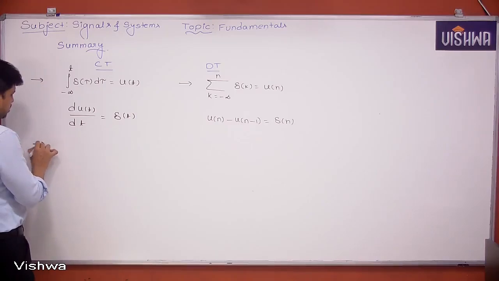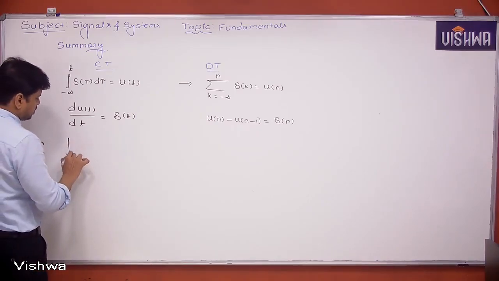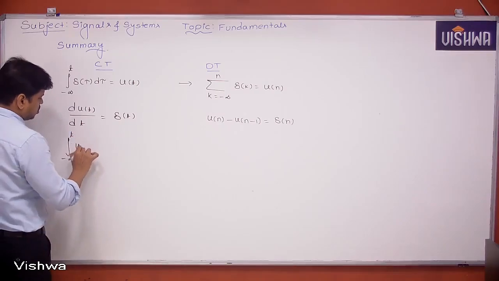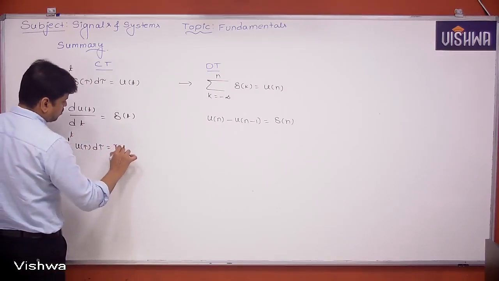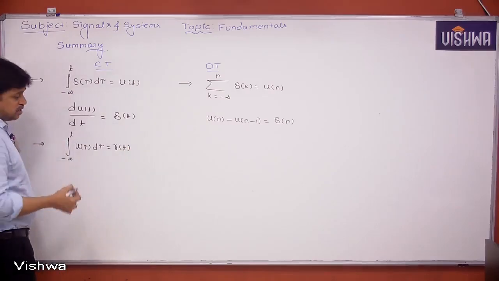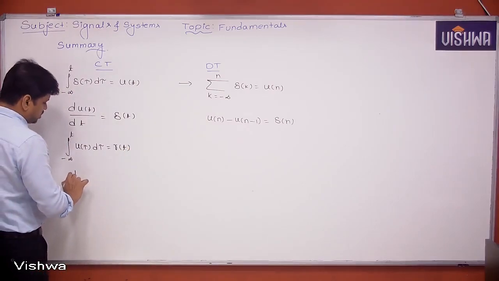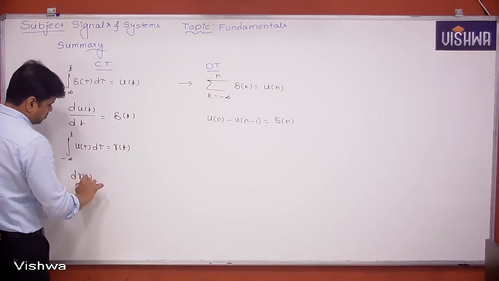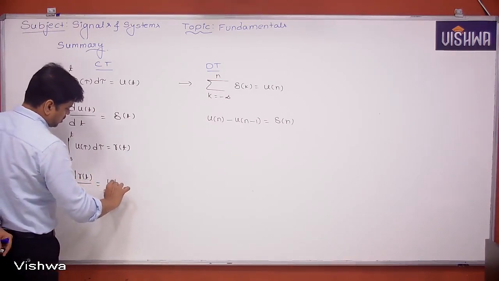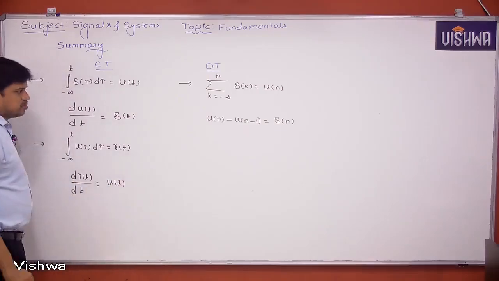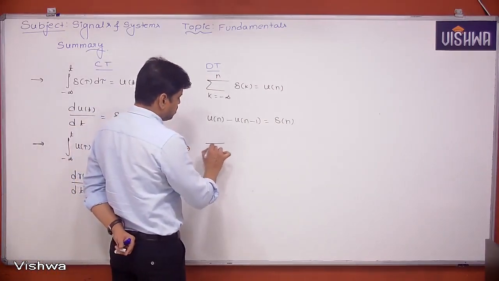Whereas for the step and ramp functions, the integral from minus infinity to t of u of tau d tau is r of t, and differentiation of r of t is u of t. But in the discrete time case, there is a small deviation.